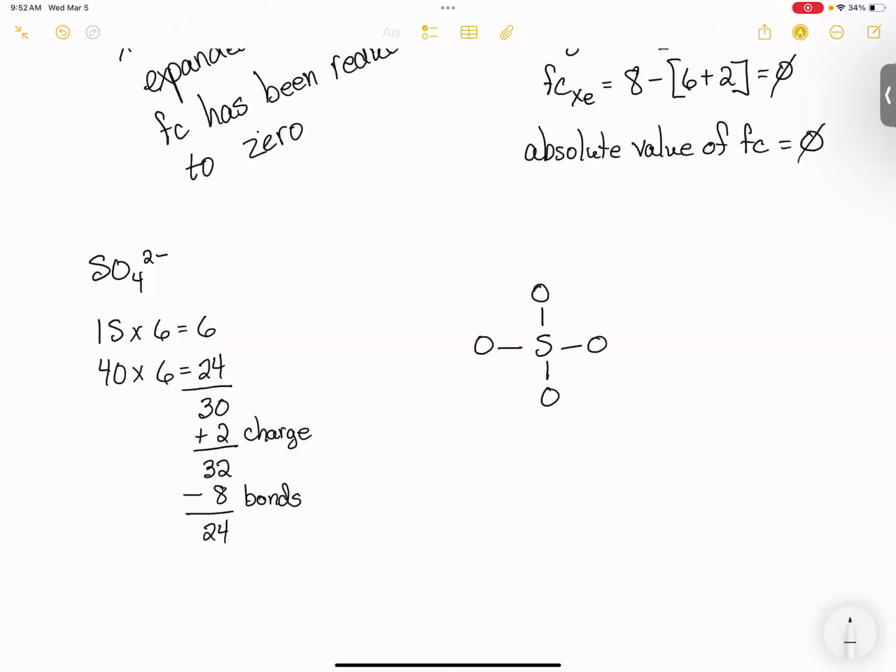The next step says to give your external atoms an octet. Our oxygens currently only have 2 within the single bond. So in order to give them an octet, we must distribute 6 valence electrons to each oxygen atom. 6 times 4 is 24, so we will use up 24 electrons in order to give our outer atoms an octet.